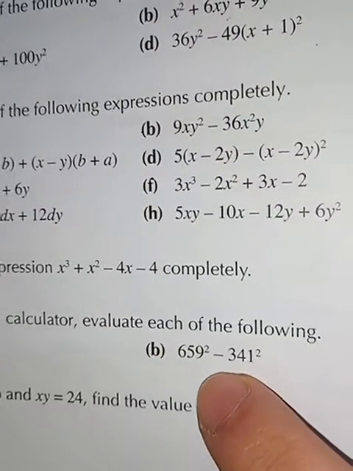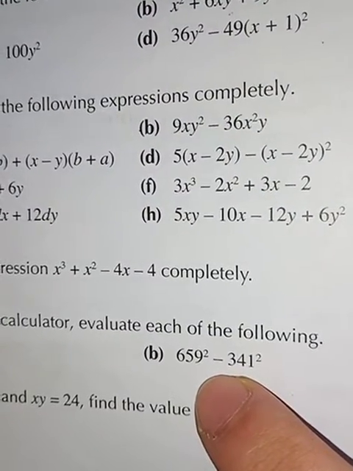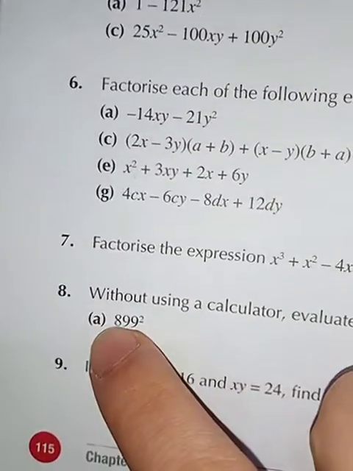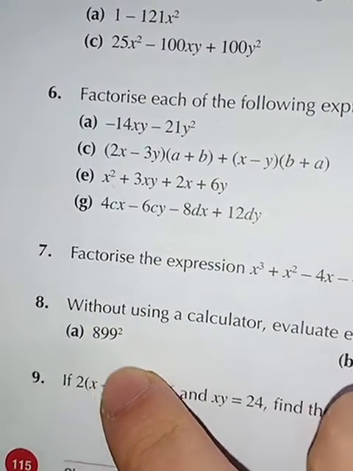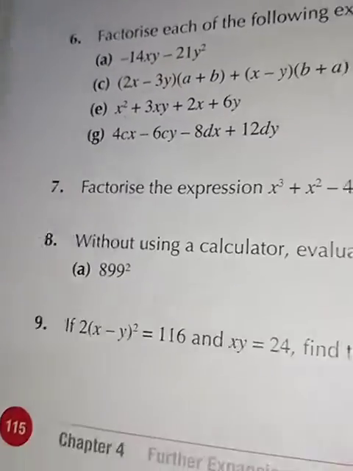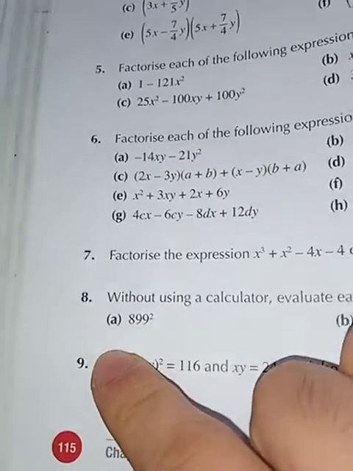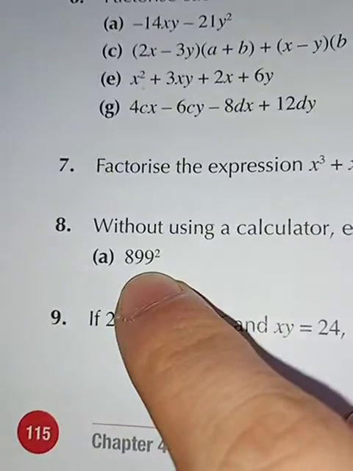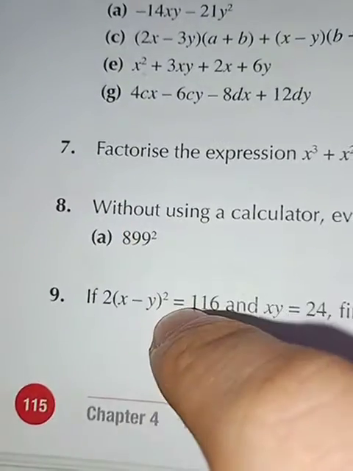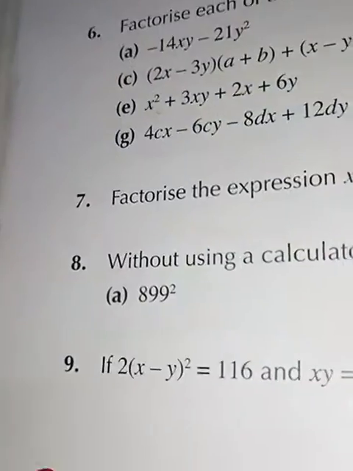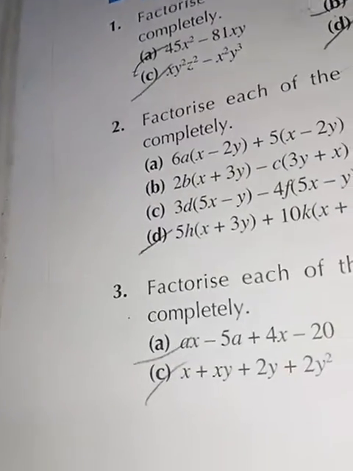Well, this one is actually a square minus b square. This one changes to 900 minus 1, in a bracket squared. So you have to do it like that formula.